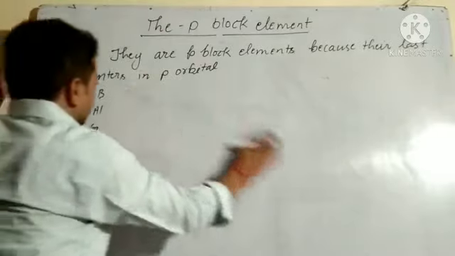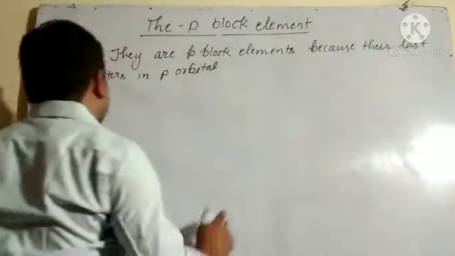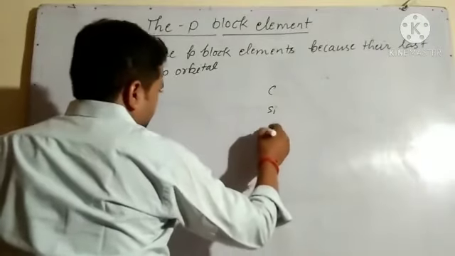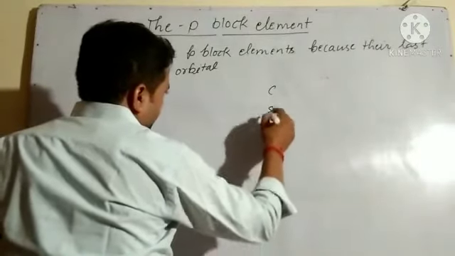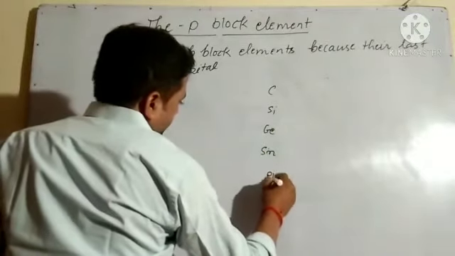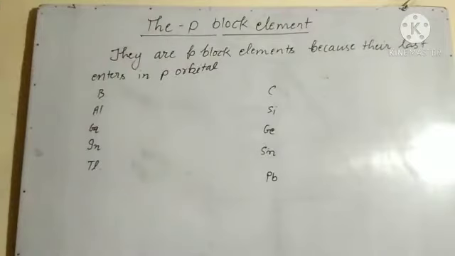And in carbon family, what is that? Carbon, silicon, germanium, tin and lead. Okay students, these two group elements are in class 11th. Others are in class 12th. So here we will discuss about these two only.